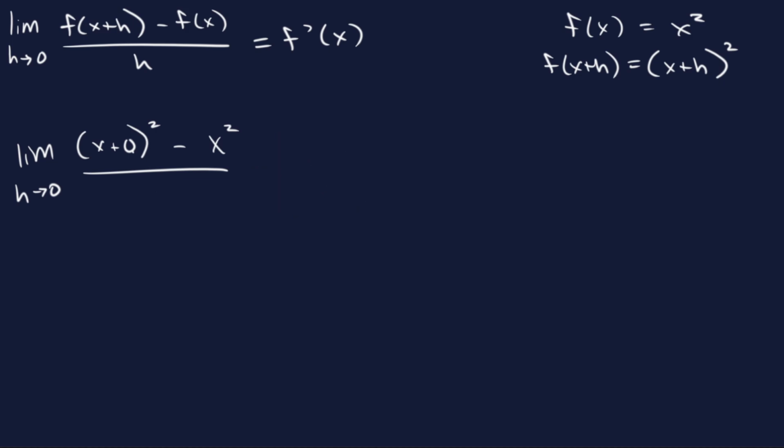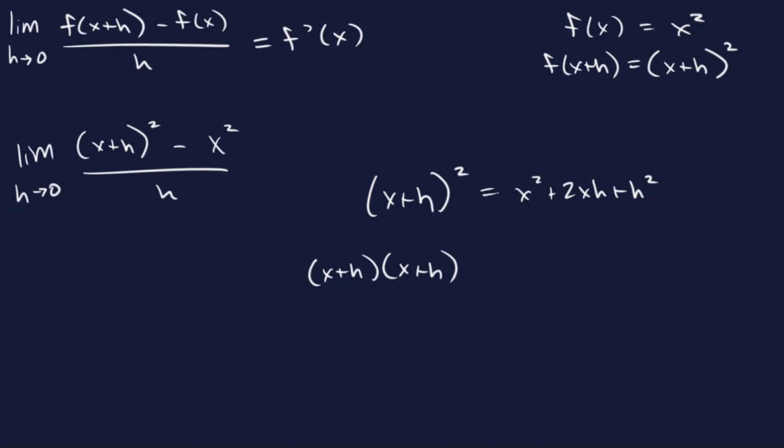So that's not what we have to do here. This basically means we have to use some kind of manipulation to simplify this function. How we're going to do that is FOIL out this term right here. x plus h squared, if you know the simplification, is x squared plus 2xh plus h squared. But if you don't know that simplification, you can also just FOIL it out.